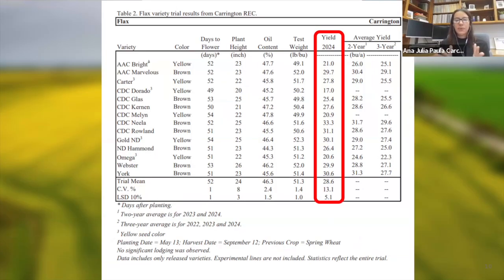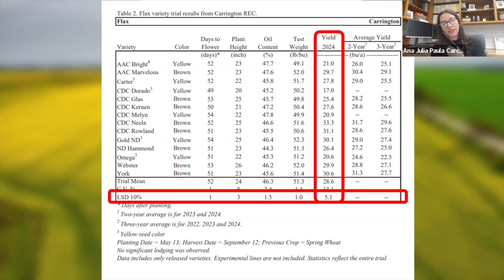So we were talking about yield, right? And this is something that is really important for us. When we are talking about yields, something that we should highlight is this line here that is LSD 10%. So what is this? This is the least significant difference, and 10 means that this was calculated with a 10%.